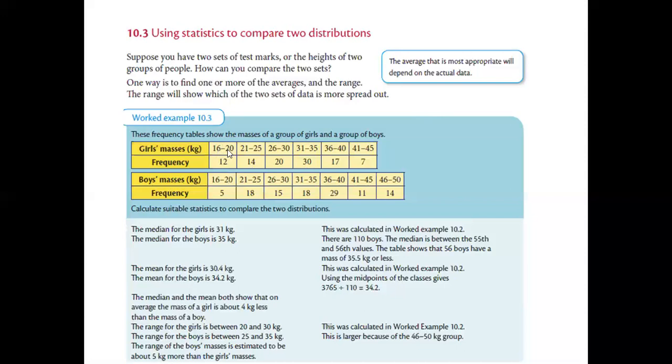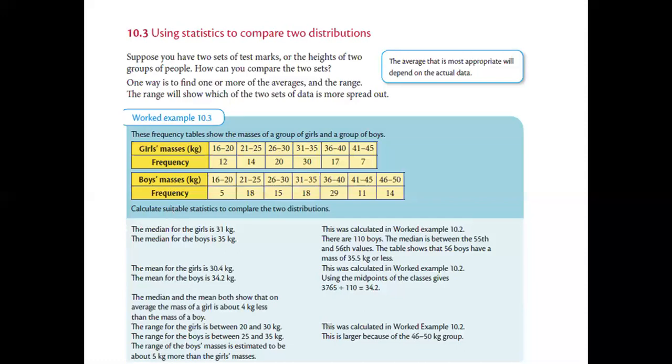What's the mean or average of the first group's girls' mass? The mean is 18, am I right? 16 plus 20 divided by 2 is 18. And for the second group, what's the average? It's 23. Yes, 23. And here 28, and so on.